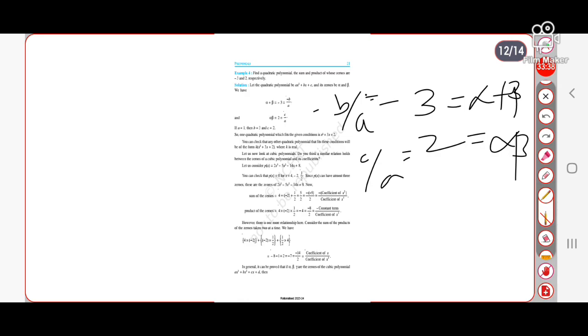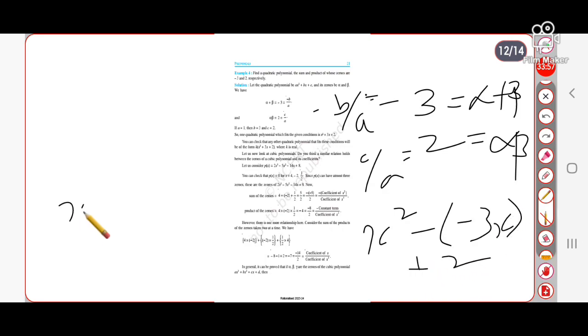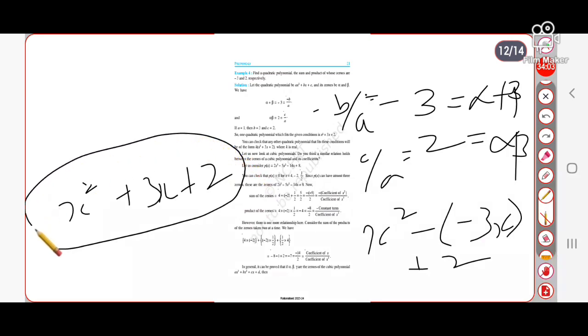Now we can just substitute over here: x square minus the sum of zeros, as I told you before, minus of minus 3x plus 2. So that is x square plus 3x plus 2. This is the quadratic polynomial to be arrived at for this question.